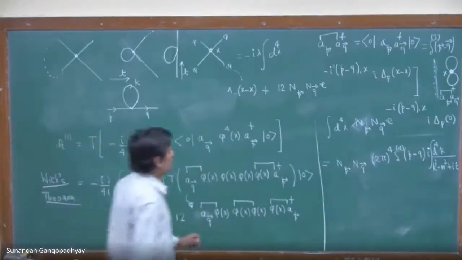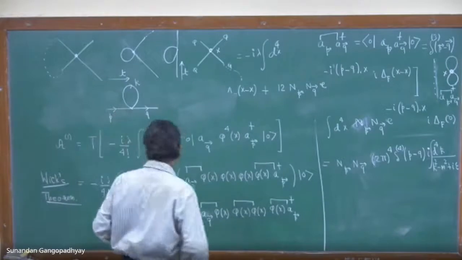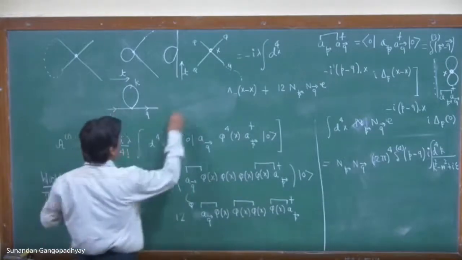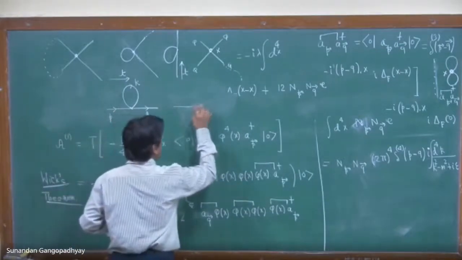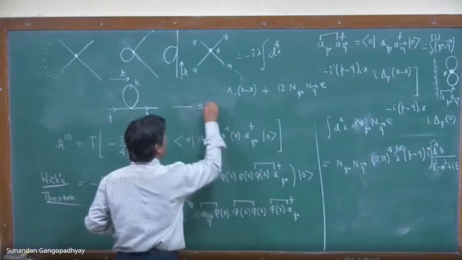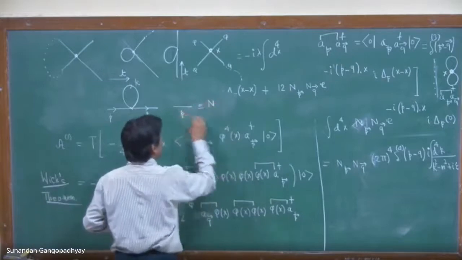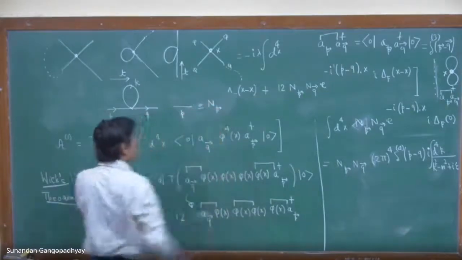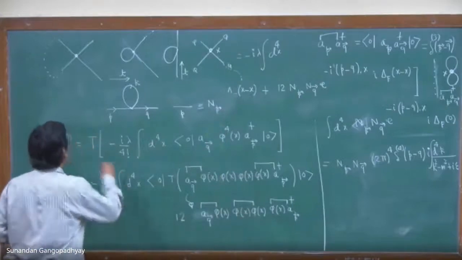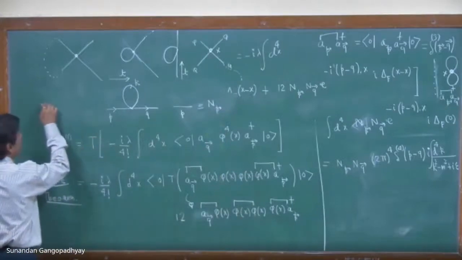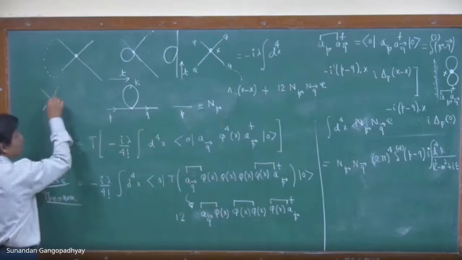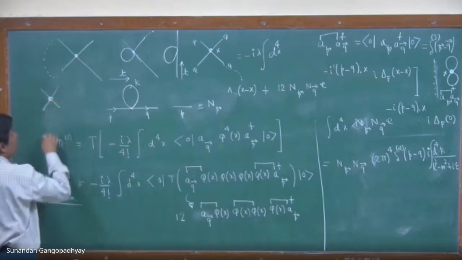And therefore, for this diagram, there are two legs. In momentum space, if this leg has momentum p, this corresponds to a factor of NP. Everything is in momentum space.